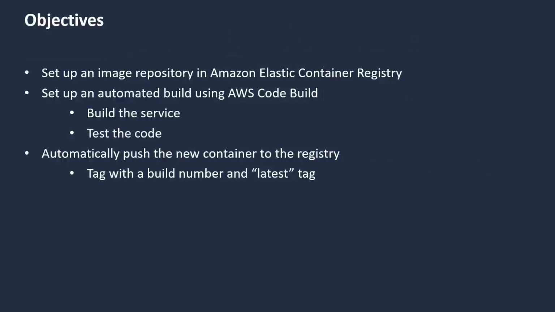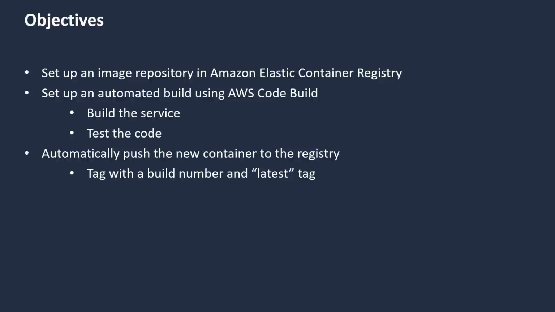For this section of the video, we're going to set up a container repository in Elastic Container Registry, or ECR. We'll use AWS CodeBuild to perform all of the build tasks on the software, run the unit tests on the application, and to build and push the container.